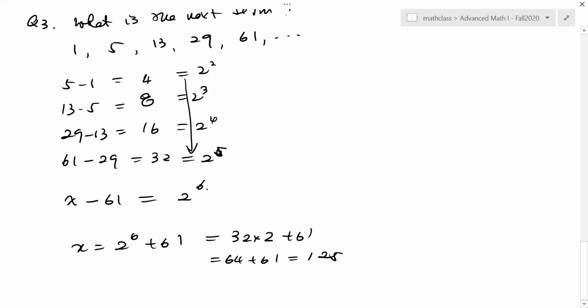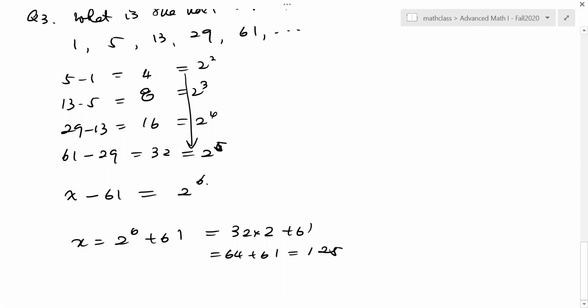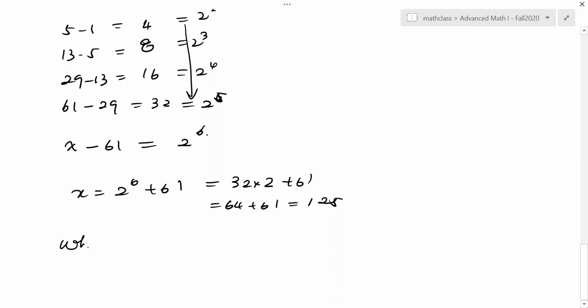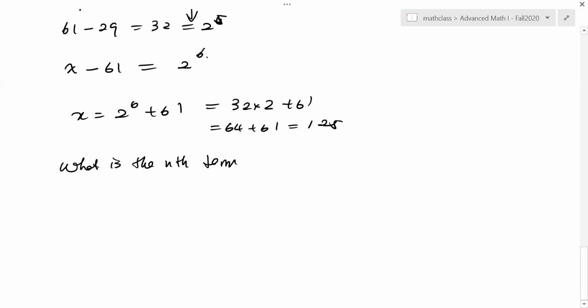Now, the question is, are you able to get the formula for the nth term? What is the nth term? Now to do that, I need to label it, right?